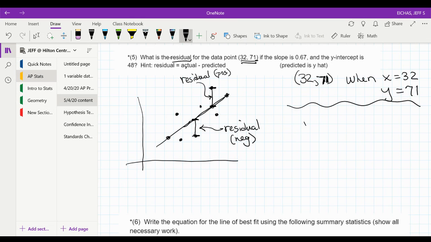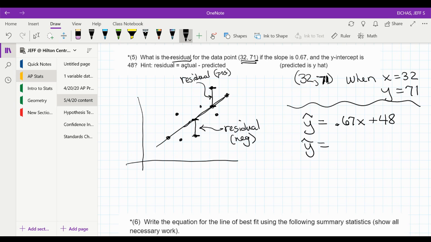They gave us the slope and the y-intercept. All right, y hat is the equation for the line of best fit.